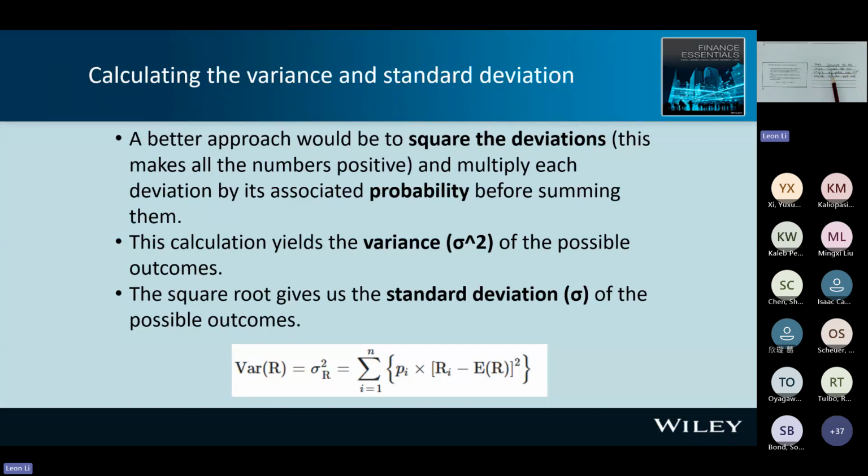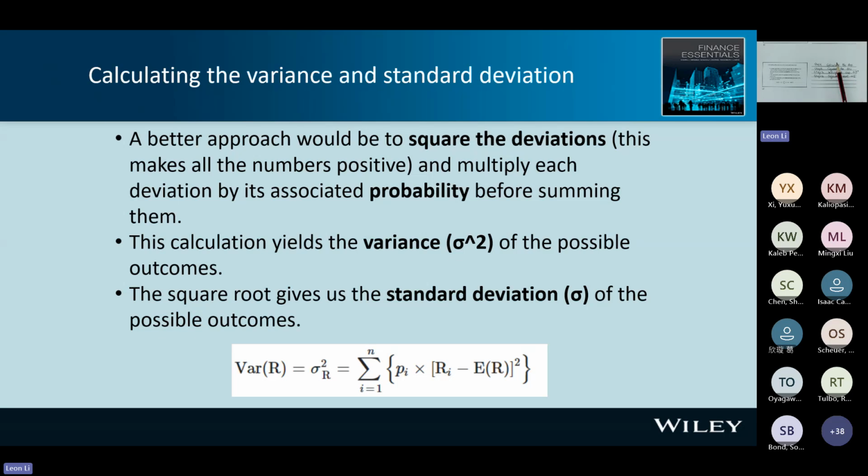Step 3, calculate the weighted average of the squared deviation. Then we have variance, or sigma square. Step 4, we use the square root to have standard deviation. This is our final result. All right, this is the measurement of risk.